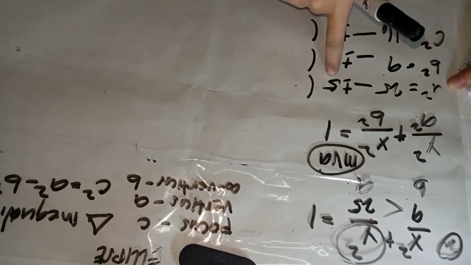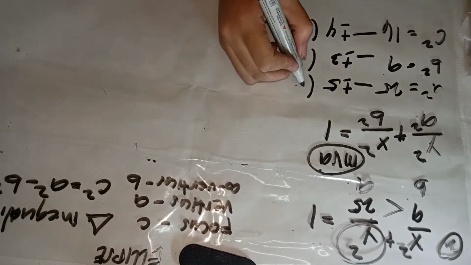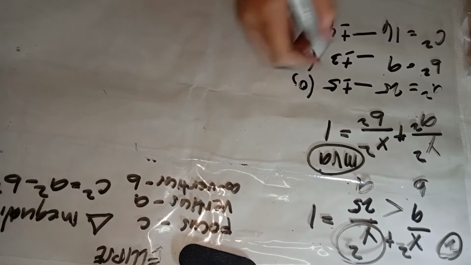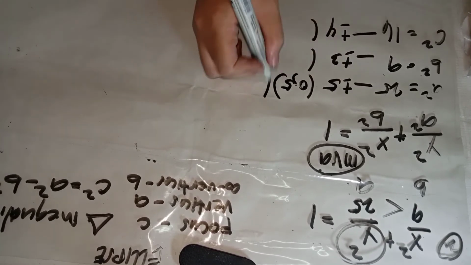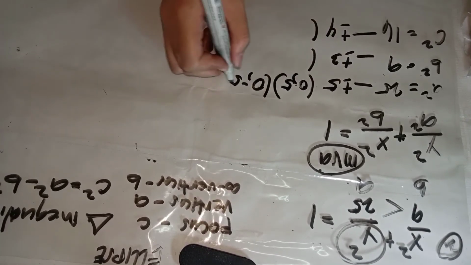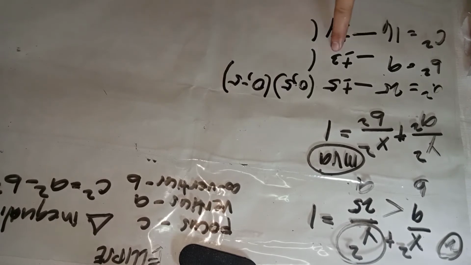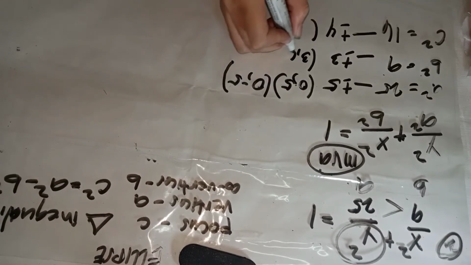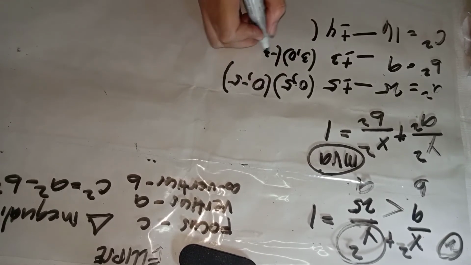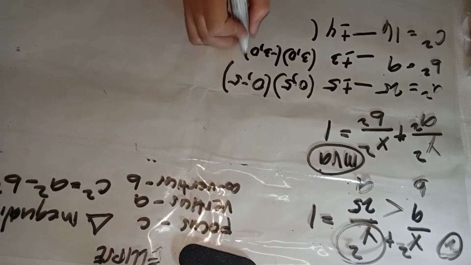So, kung patayo siya, yung value ng A natin, positive negative 5, nasa y. So, 0, 5, 0, negative 5. For the B, pa-horizontal. Therefore, 3, 0, negative 3, 0.